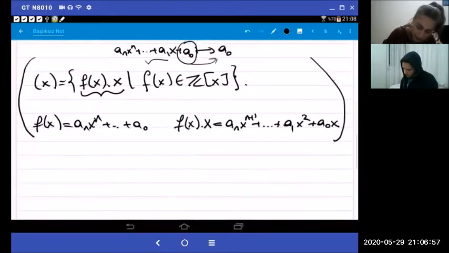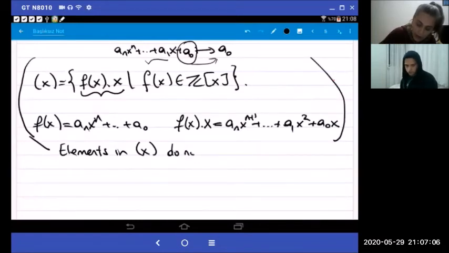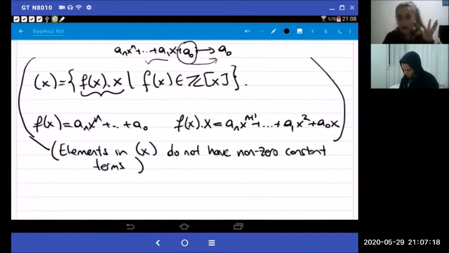Now, this is just an explanation. Let me write it down also in words: elements in the ideal generated by x do not have non-zero constant terms. Somehow I'm trying to catch a relation between the elements coming from Z[x] and my ideal generated by x.